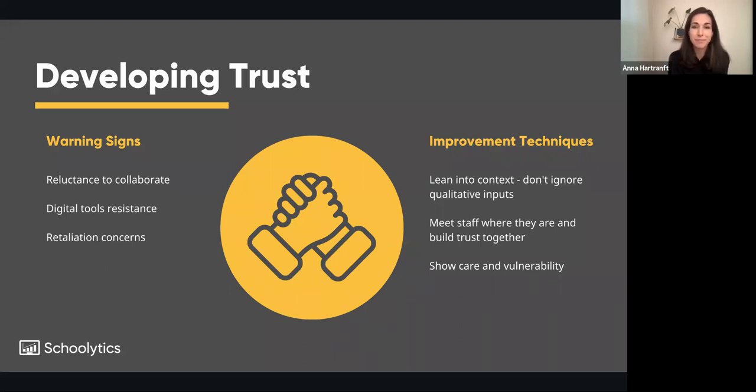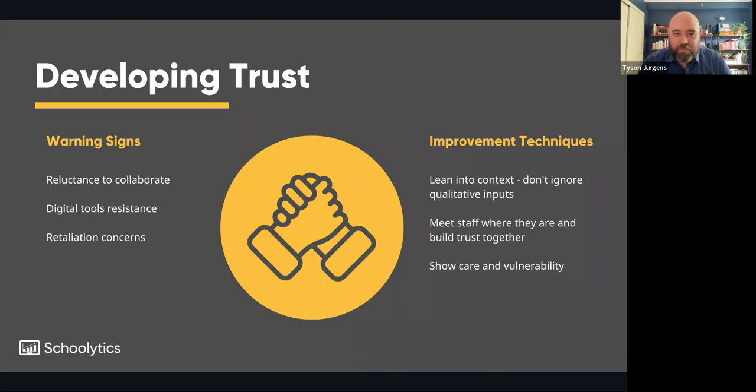The answer is not just another program. The answer is the staff who are here and who keep coming every day and who care about the kids and the program. So any way to recognize teacher well-being, to recognize teacher expertise, that develops trust.